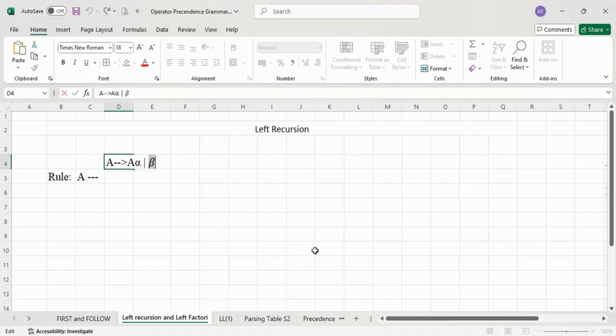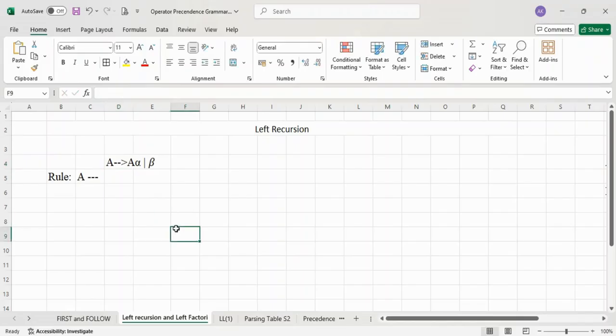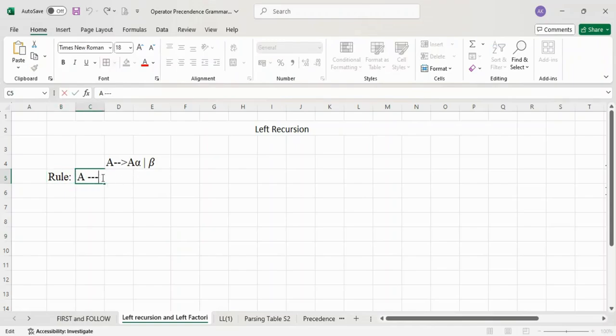Now when I talk about left recursion, there can be direct as well as indirect left recursion. In this lecture, I will just concentrate on direct left recursion, but the rule for removing direct or indirect left recursion remains the same. So let us understand what is the rule for removing left recursion. The rule says whichever variable shows left recursion, you write that variable. For that variable, the production will be beta A dash.